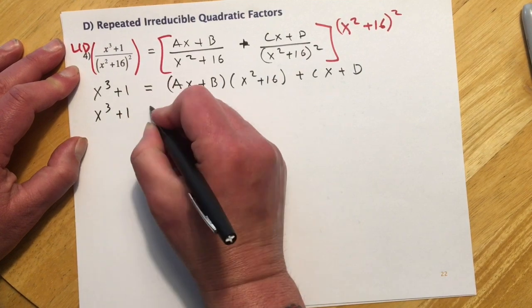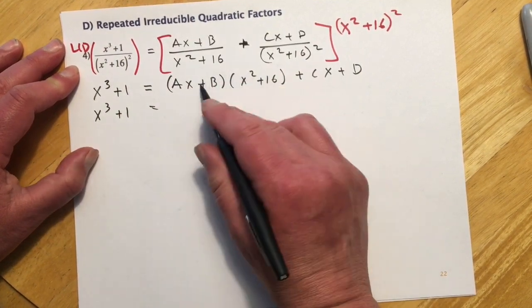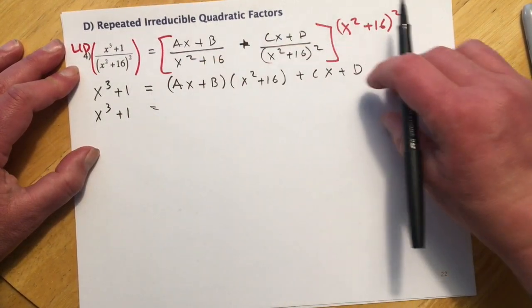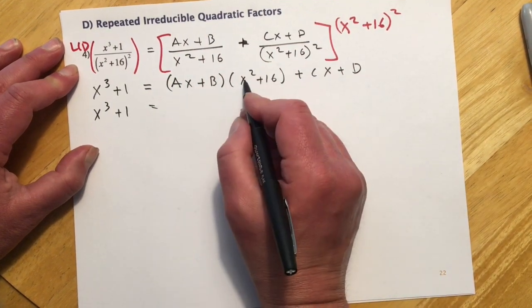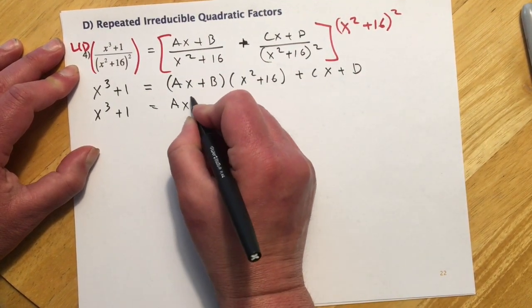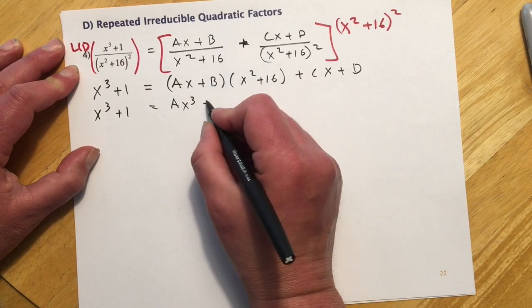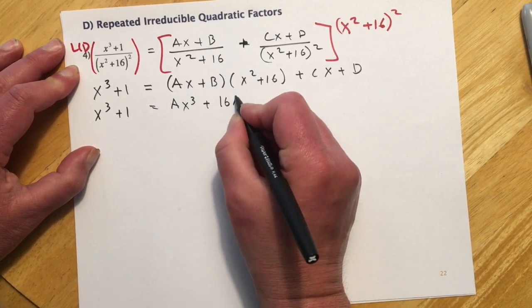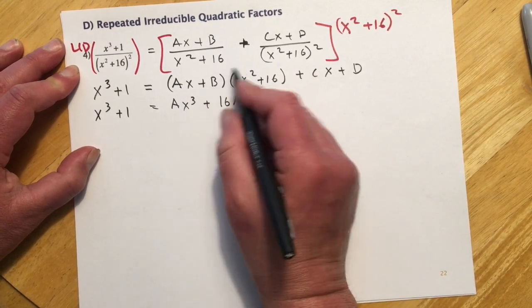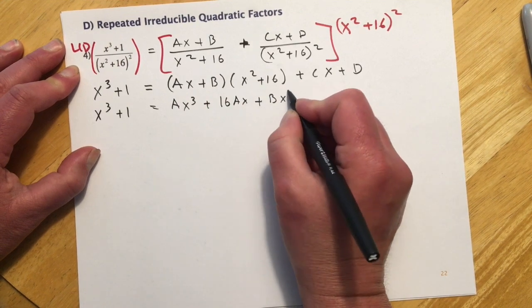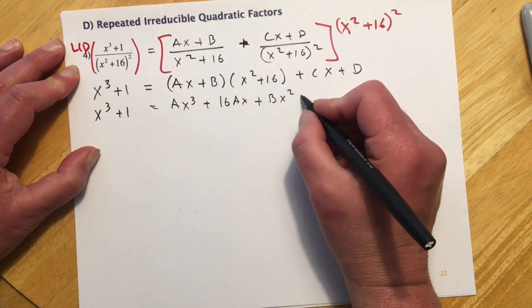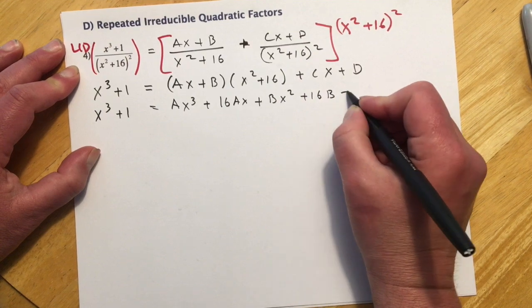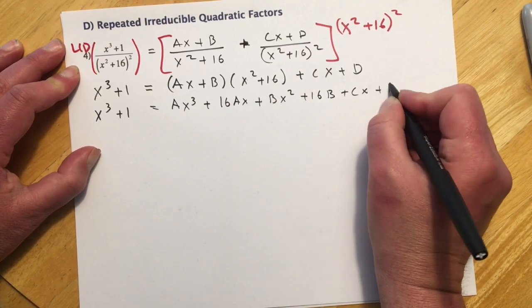And so then I'm going to FOIL, and I'm going to get things organized. So ax times x squared will be ax cubed, ax times 16, so that's 16ax, and then bx squared, and 16b, and then cx plus d.